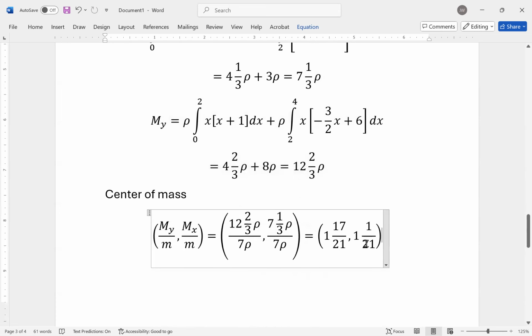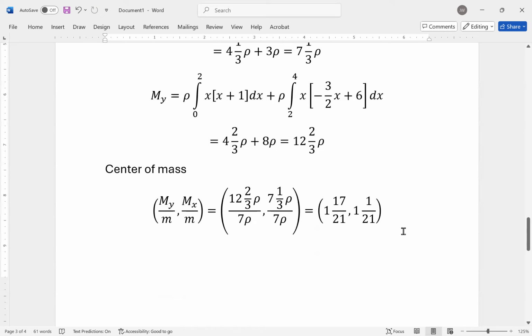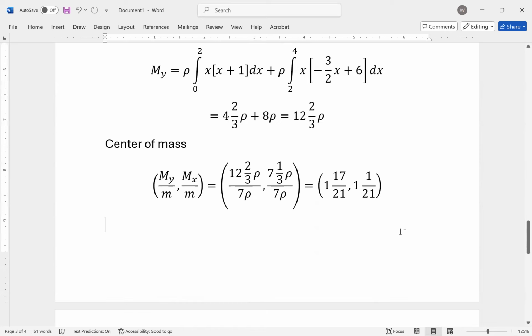And then your center of mass is just your total moments from the y-axis divided by m, that's giving you your x value. Then your total moments about the x-axis divided by the mass, that gives you your y value. That's the end of this section on centers of mass.